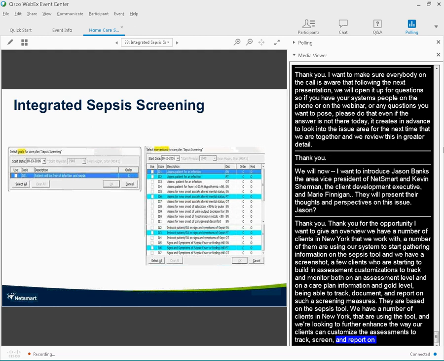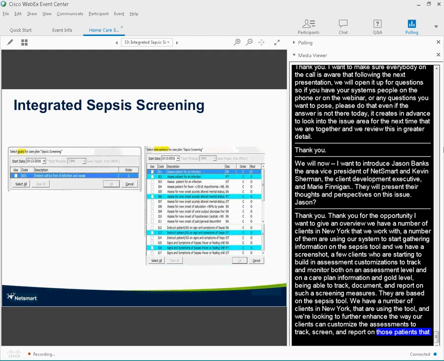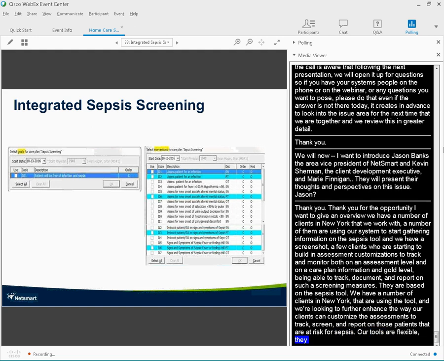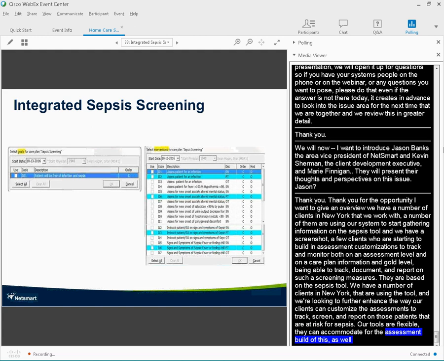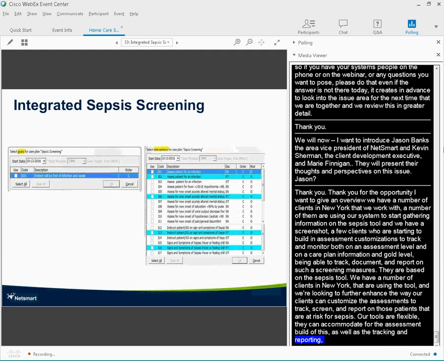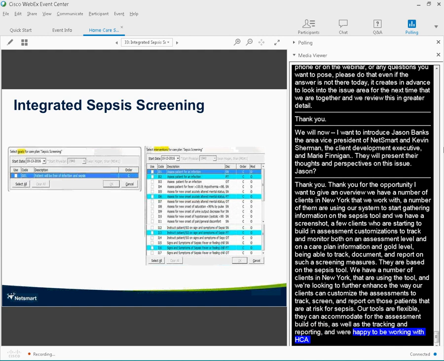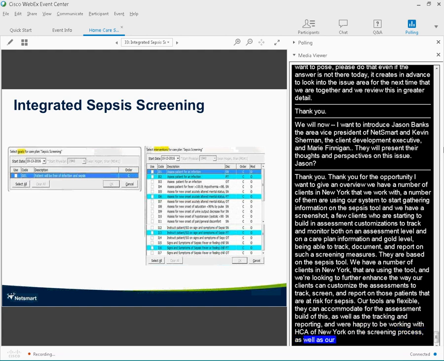Our tools are flexible enough to accommodate the assessment build of this, as well as the tracking and reporting on it. And we're happy to be working with HCA of New York on the sepsis screening process, as well as our mutual clients within the state of New York.